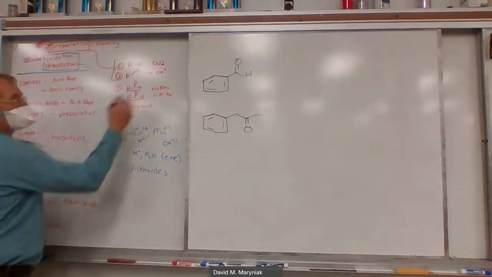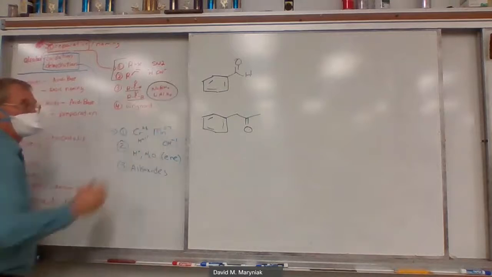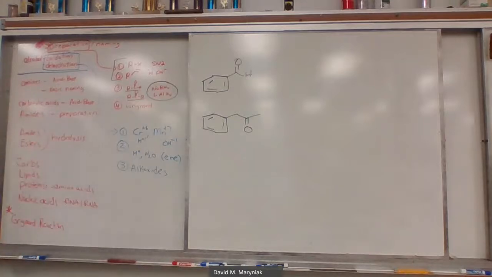Adding to that, these are classic reducing agents. Sodium borohydride is not as strong a reducing agent as lithium aluminum hydride, but either one of them will, quote unquote, reduce an aldehyde or a ketone to the corresponding alcohol.